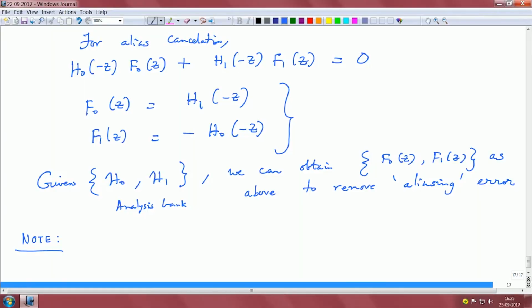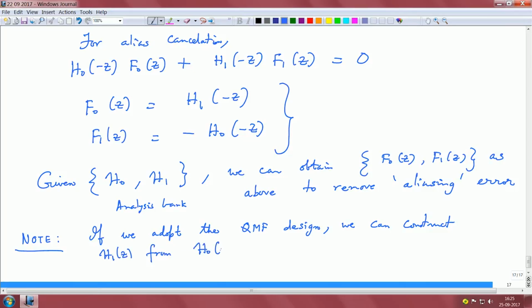You will have to observe carefully that if we adopt the QMF design, that is we incorporate the quadrature mirror property into the analysis bank, then we can construct h1 of z from h naught of z, because h1 of z is h naught of minus z, and then you use the property here for alias cancellation, the equations here, which is f naught of z is h1 of minus z and f1 of z is minus h naught of minus z.